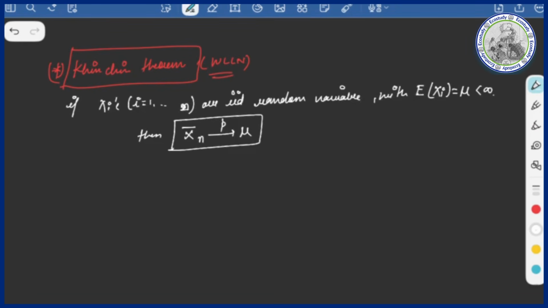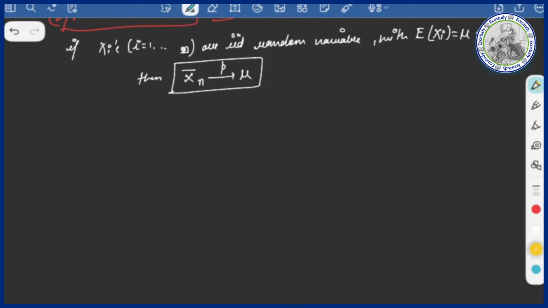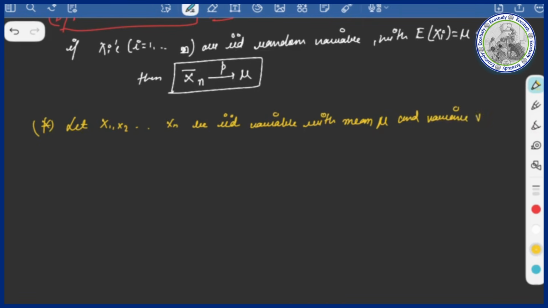There is one more formula that I think I should write. It is possible that a question directly comes in your examination, but that probability is low. Okay, you should know. So, let X1, X2, dot dot dot Xn be IID variables with mean mu and variance sigma square.